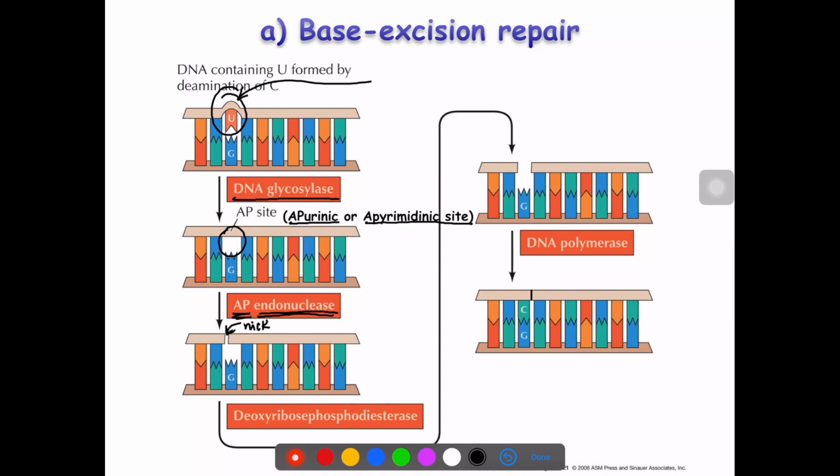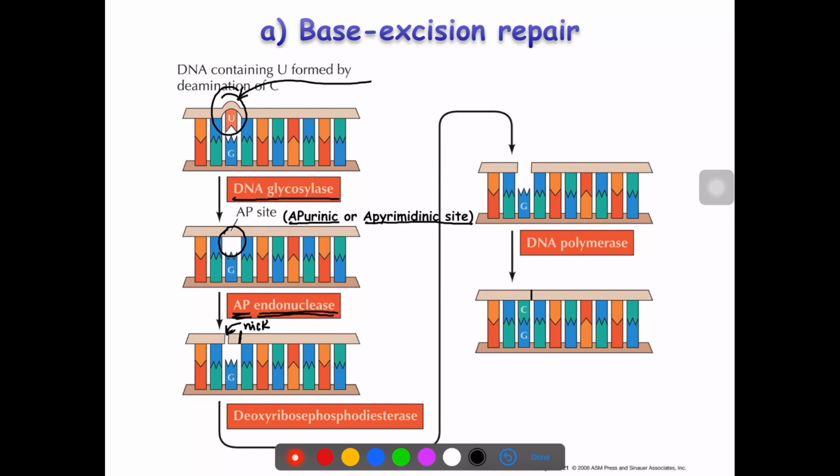And that nick in the phosphate backbone of the DNA then helps recruit another enzymatic activity, in this particular case one that will be breaking the phosphodiester bond between that particular sugar and the next nucleotide. Breaking a phosphodiester bond requires a phosphodiesterase. The link being broken is between the sugar, which is deoxyribose, and the next nucleotide.